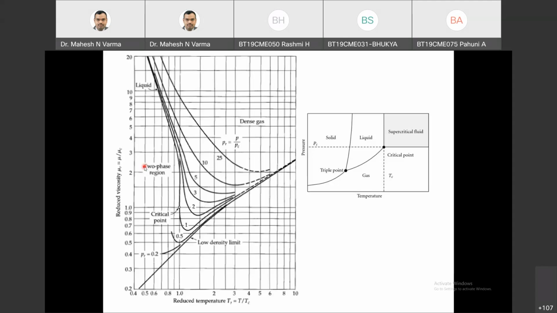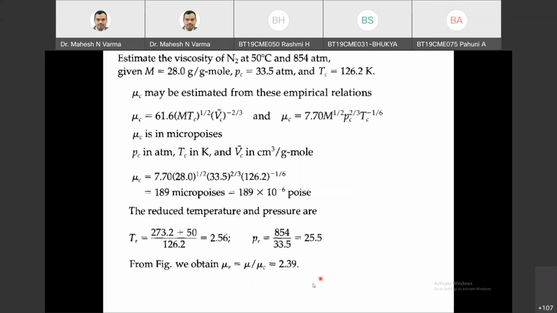So from the digital information, you can get the exact value of x and y. So here somewhere I will get, and this reduced viscosity, according to this, is something around 2.39.